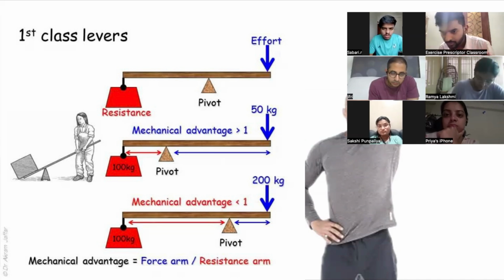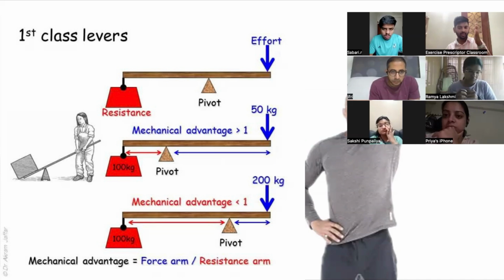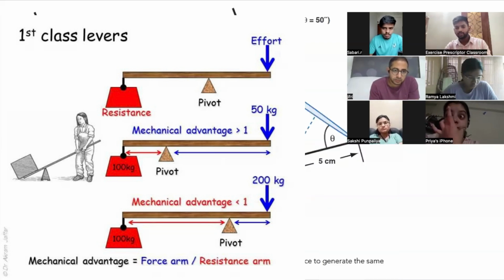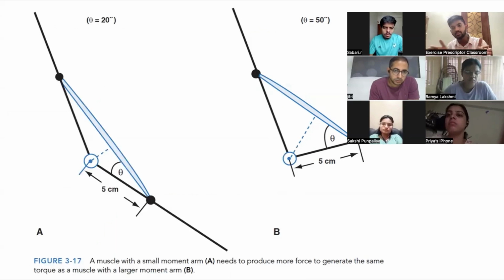So, clear, guys? Overall understanding: the more the distance from the joint axis to the resistance, the more resistive the movement, and the tougher it becomes. Correct? In the exact opposite manner, if the distance from the axis of rotation to the muscle attachment is more, it is an advantage. A muscle inserts and attaches on certain regions, pulls the bone and moves it, right? If the muscle distance from the axis is more, it is easy. If the muscle is closer to the joint, it is tough.